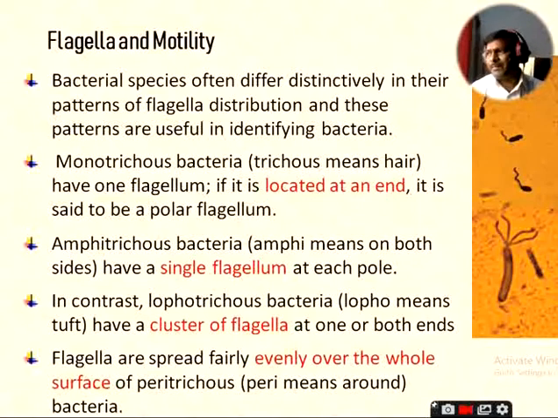Peri means all over the surface, all around the bacteria there are flagella, and that is why this arrangement is called peritrichous flagella, and the bacterium is called a peritrichous bacterium. Is it okay? Now see, the peritrichous flagella are shown in the diagram.